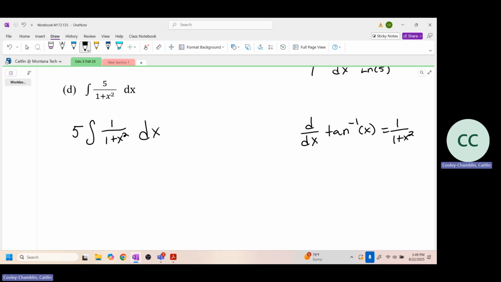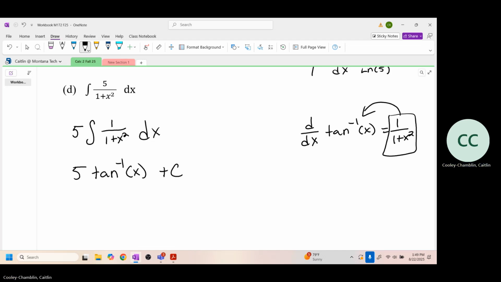So just to keep reiterating this, what we are doing when we take an integral is we are finding the antiderivative. So we have the derivative, and we're going back to find that original function. So my original function is tan inverse. So I get 5 tan inverse of x plus c.